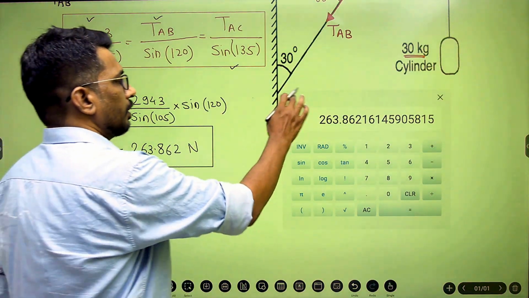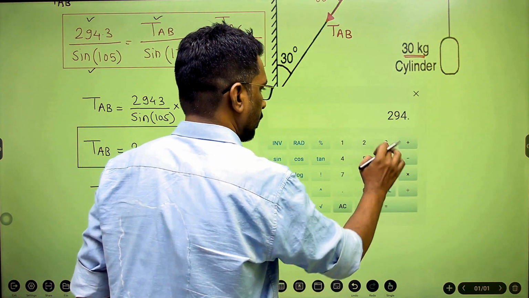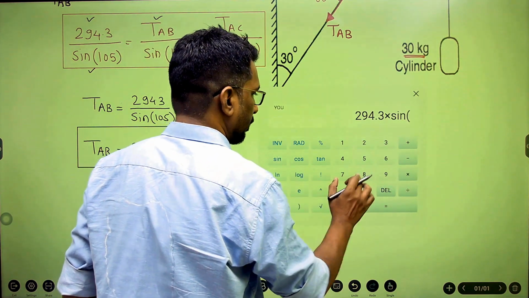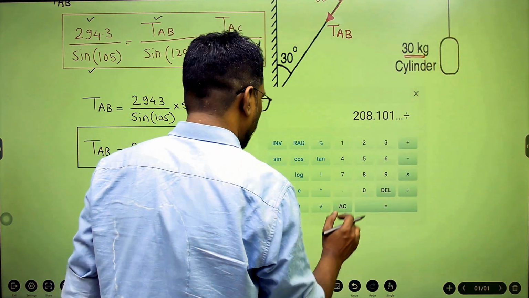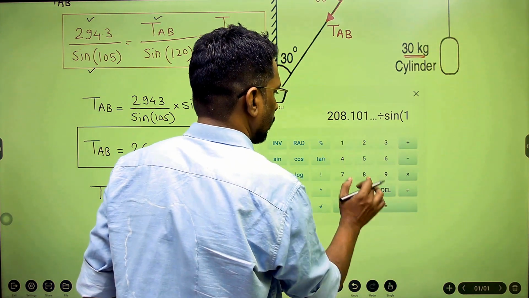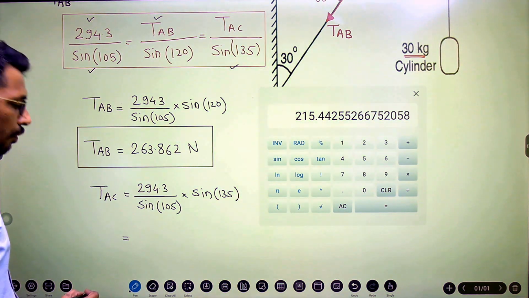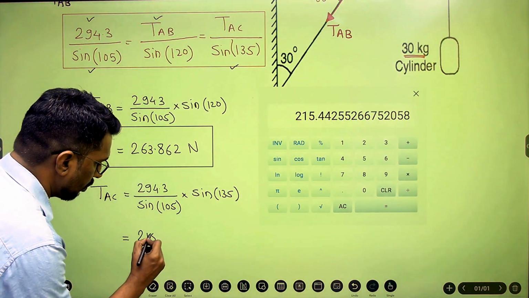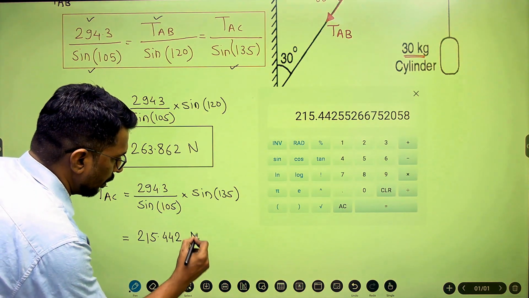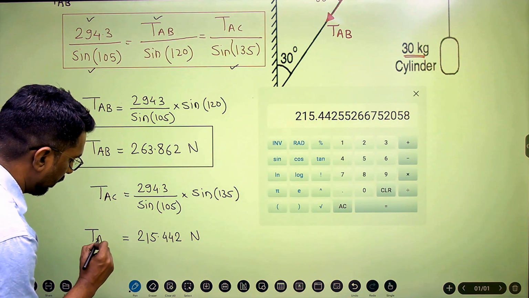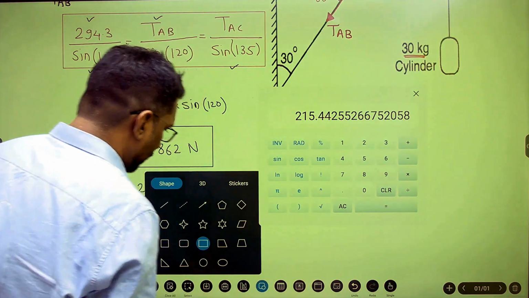So if you solve this, 294.3 into sine 135 divided by sine of 105. This is 215.44 Newton. So this is the value of TAC I am getting after the calculation and after the application of Lami's theorem.